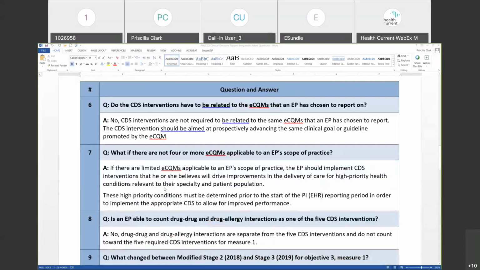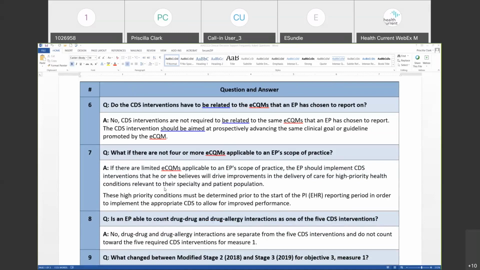Question 7. So what if there are not 4 or more eCQMs applicable to an EP's practice? And the answer is that if there are limited eCQMs applicable to an EP's scope of practice, the EP should implement CDS interventions that he or she believes would drive improvements in the delivery of care for high priority health conditions relevant to their specialty and patient population.